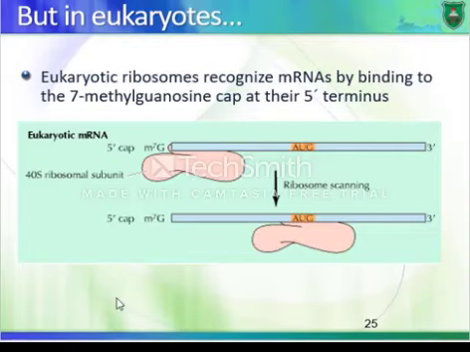This is the difference between the prokaryotes and eukaryotes in terms of small ribosomal subunit identification. And you can see clearly that the small ribosomal subunits identify the mRNA at the 5' untranslated region and do not bind directly to the initiation site in the mRNA.